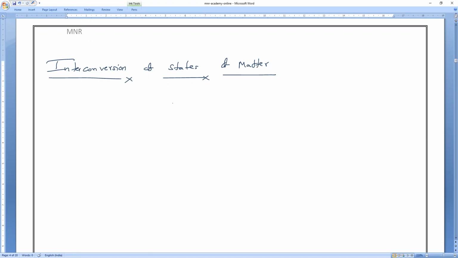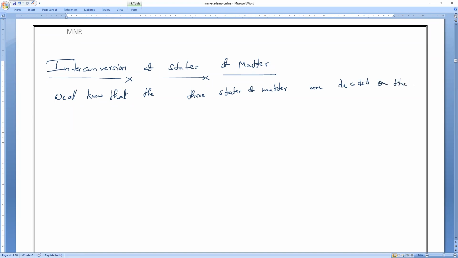Write the change in physical state. First statement, you write it. We all know that the three states of matter are decided on the basis of what?